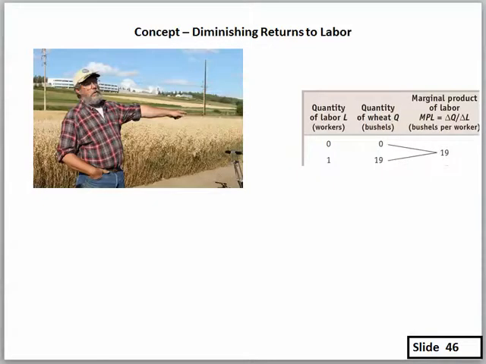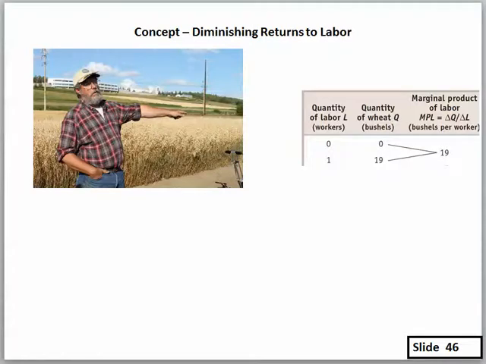And in economics, remember, we have some terms that we're learning, just like we're learning a foreign language. So we're going to call this the marginal product of labor. And all we do is take the quantity we produced with the worker before, in this case no workers, and the total quantity we're producing now, we subtract the 2, and we find that 0 from 19 leaves us 19.